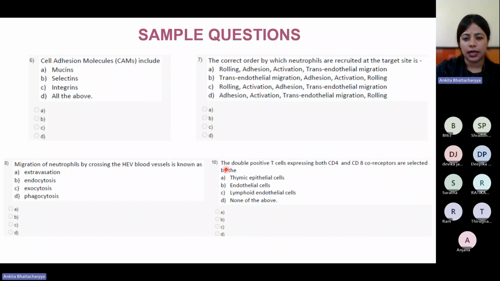And in the last question that we have for today, the double positive T cells expressing both CD4 and CD8 co-receptors are undergoing selection by which of the following? The thymic epithelial cells, the endothelial cells, the lymphoid endothelial cells, or none of the above. So from the CD4 and CD8 co-receptor cells, it is the thymic epithelial cells.